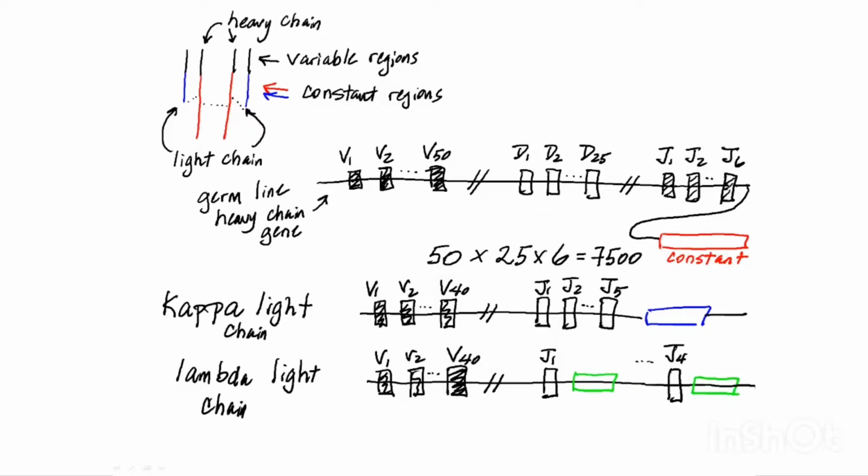So as a result of this, for the kappa light chain, we have a total of 40 times 5 possibilities. For the lambda light chain, we have a total of 40 times 4 possibilities.